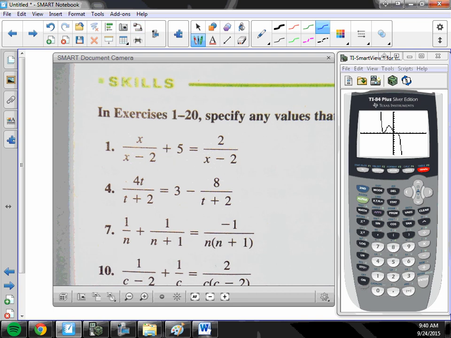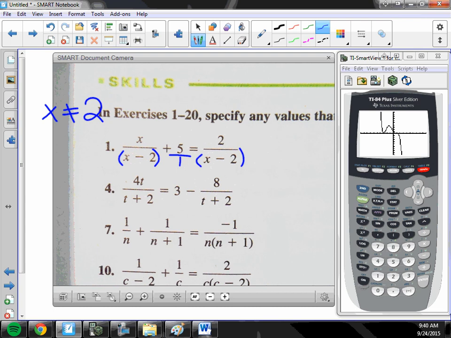So in order to solve this, we need to have a common denominator. So first I'm going to write x is not allowed to be 2. So that's 5 over 1. What do I need to do in order to make that a common denominator? I need to times it by the factors that are here.